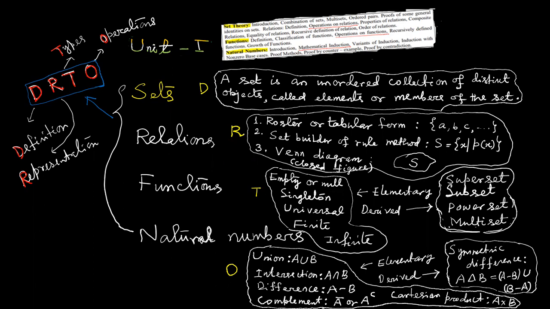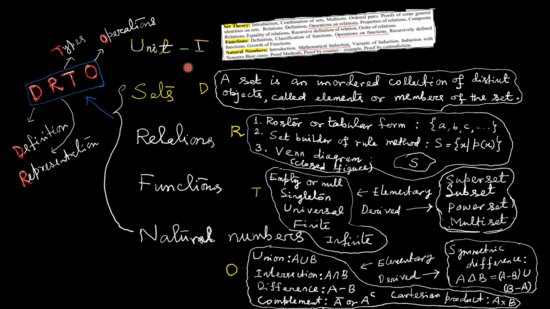The basic idea for understanding any topic or chapter lies on 4 different letters. First one is D, second one is R, then we have P and we have O. D for definition, R for representation, P for types, and O for operations.